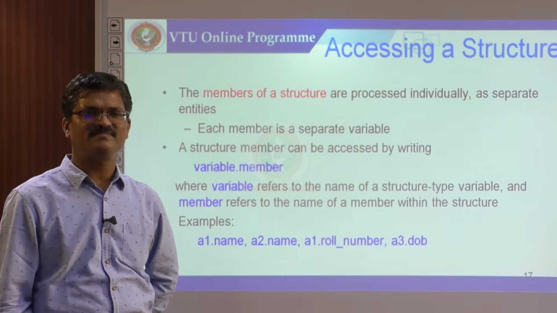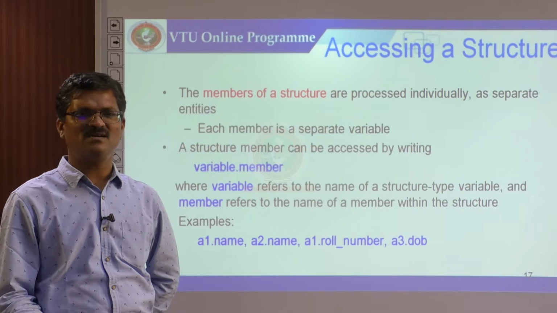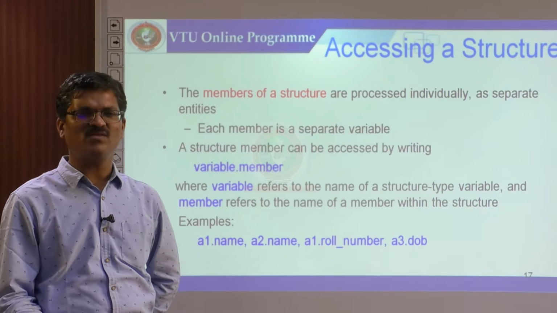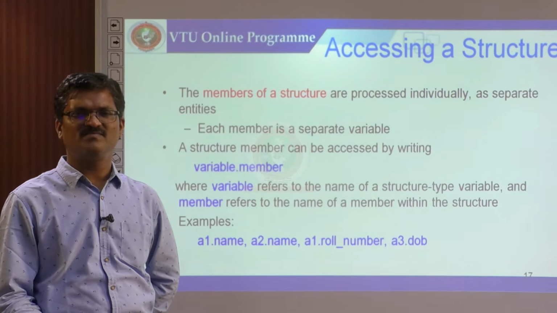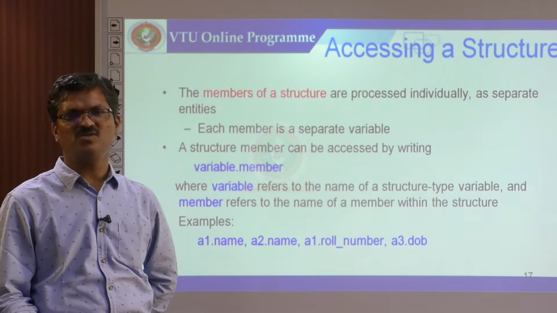As an example, name may be a structure member of a student, and A1 may be a structure variable of a student, so name is an element or member within this A1 structure.